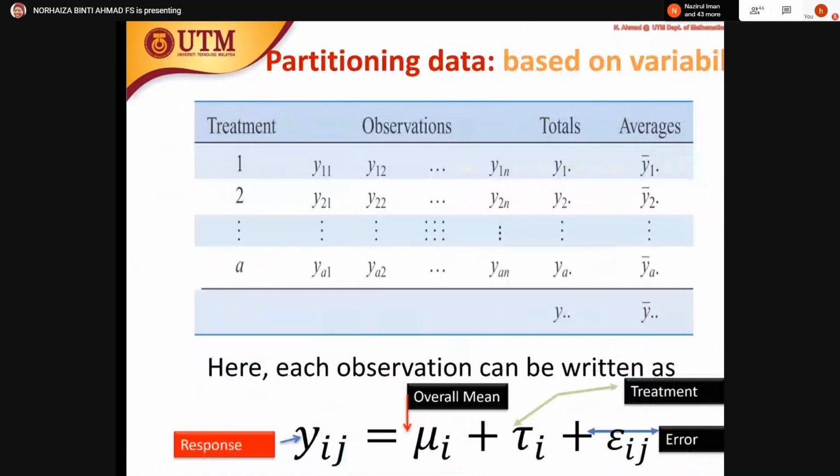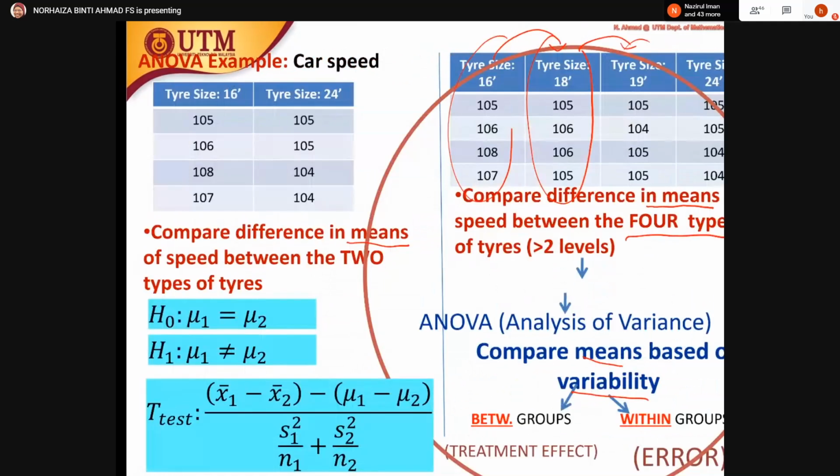If there is an effect between groups, that means the treatment has some effect. But if it's within group, then it means that there's an error there. Do you understand me so far?